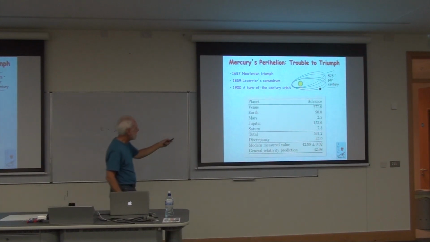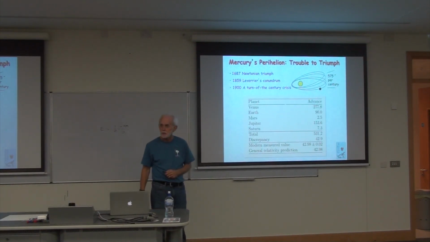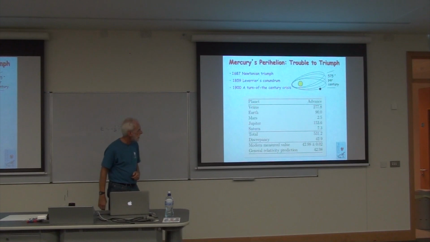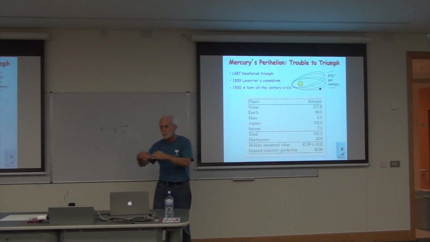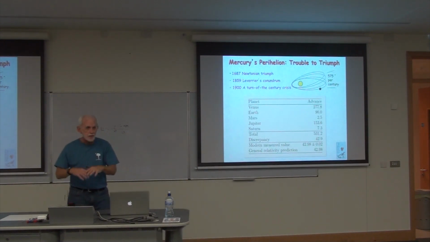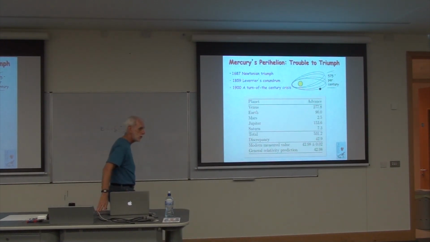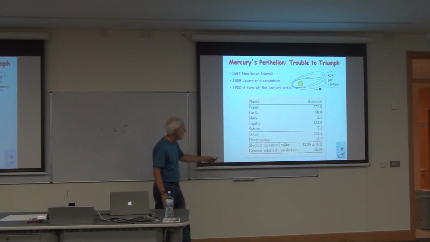It was about 575 arcseconds per century. And so Leverrier sat down and calculated what each of the planets would contribute to that advance. And there's the 153.6 we got. He obviously did a better job on Earth than we did. He probably went to higher order perturbation theory. Everything, of course, done by hand. He didn't have Maple and Mathematica to help him.